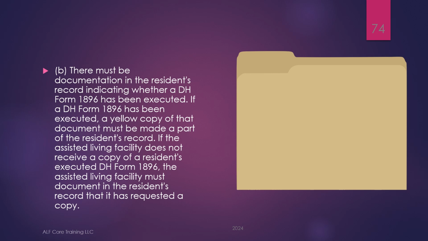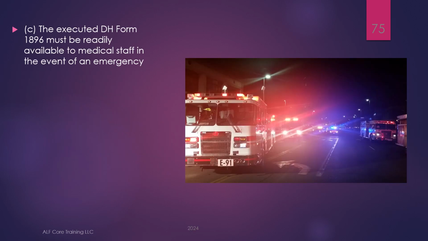If the assisted living facility does not receive a copy of a resident's executed DH Form 1896, the assisted living facility must document in the resident's record that it has requested a copy. The executed DH Form 1896 must be readily available to medical staff in the event of an emergency.